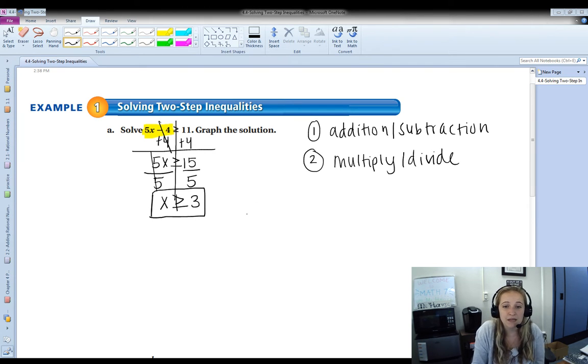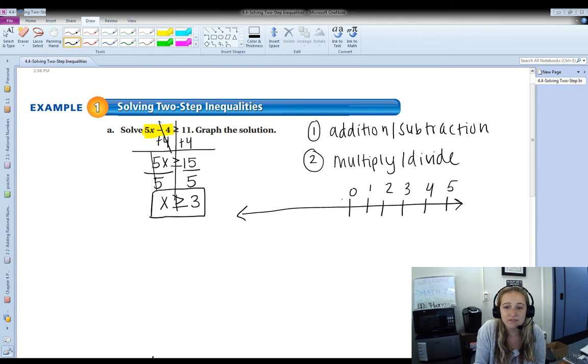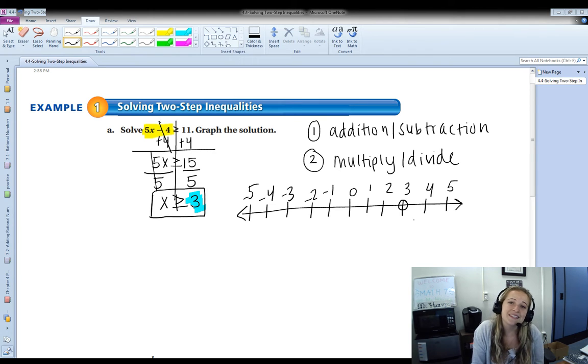But we don't stop there because we still have to graph it. So I'm going to draw my number line. Draw 0, 1, 2, 3, 4, 5, and -1, -2, -3, -4, -5. So remember, you want to plot your point where this number is, which is 3. So I'm going to plot my point at 3. Then we need to decide, is it going to be an open or a closed circle?